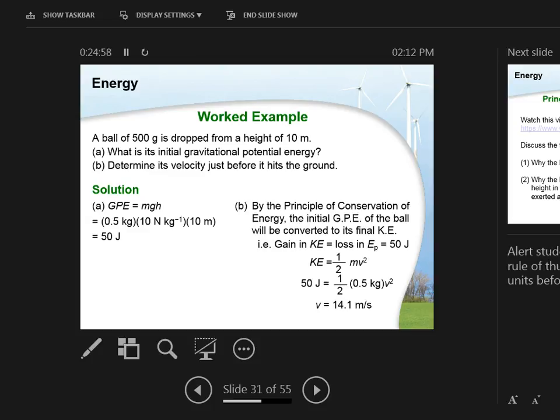So we are saying that kinetic energy is half mv square. All of this energy came from your gravitational potential energy. Because that is the only energy it had when it was at the top. So 50 is equals to half mv squared. Then solve for v. Okay? So this is how we write an equation based on this principle. Alright?